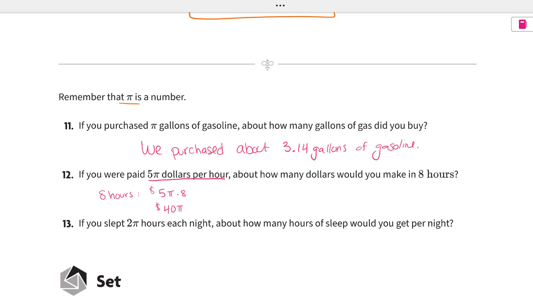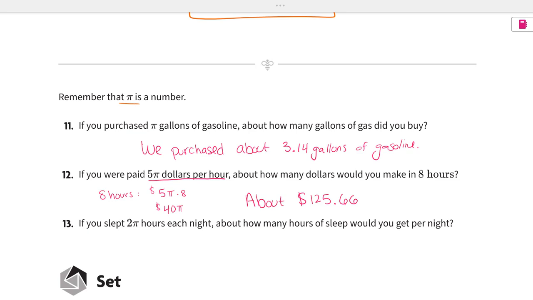And if you only want to do 3 decimal places, you probably don't even need your calculator. You can just do 4 times 3.14, and then add that 0 on the end. But 40 times pi gives us about $125. And since we're talking about money, I'll go to 2 decimal places, 66 cents.